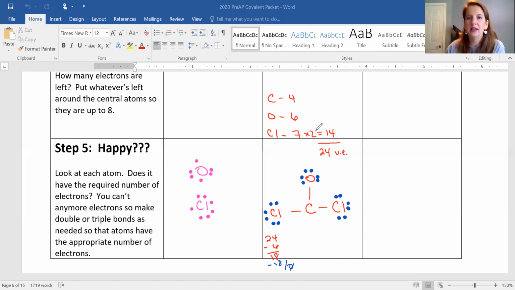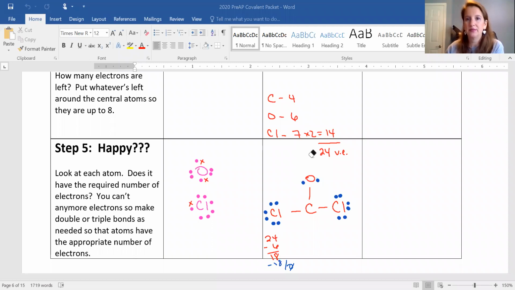So that means that the chlorine really only has 1 available site left for bonding because it was missing 1 valence electron, whereas the oxygen has 2 sites available for bonding, which is why we're going to make oxygen have the double bond.